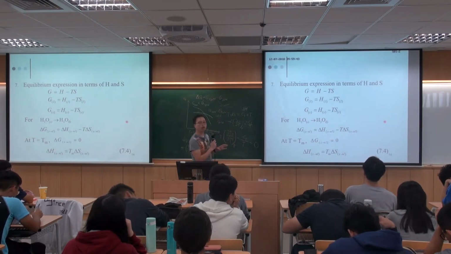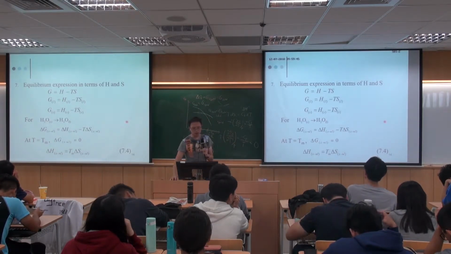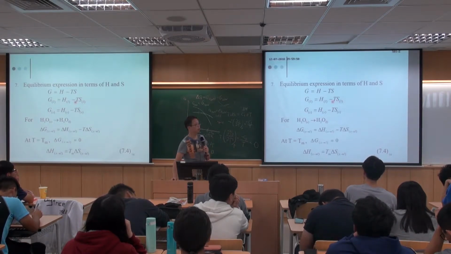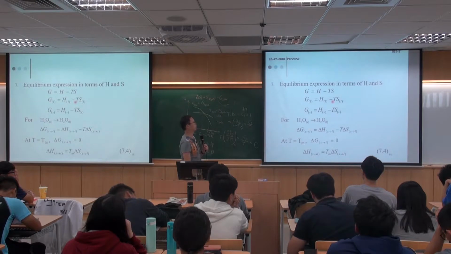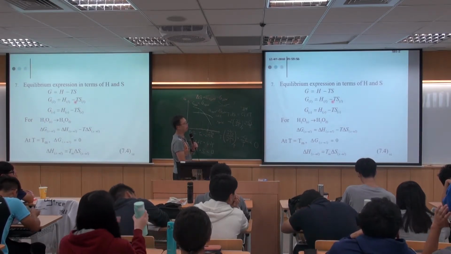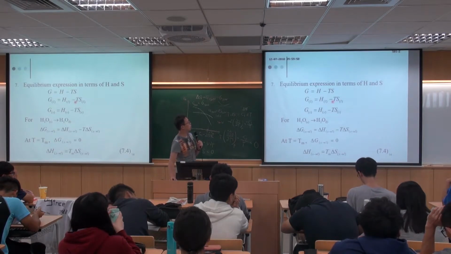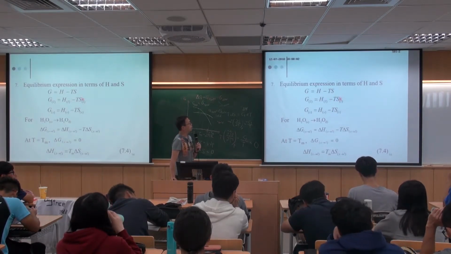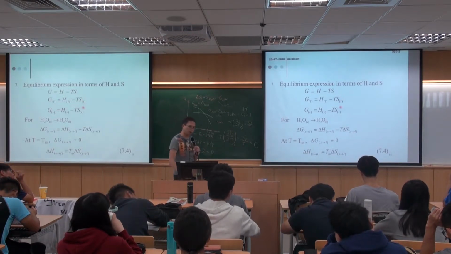So they both share the same temperature. If you confine them in the same space, they should have the same temperature. But the enthalpy and the entropy for these two phases might be different.